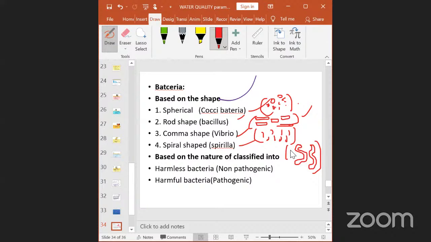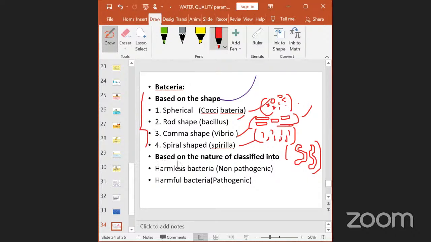The comma shape is also called vibrio. So rod shape is bacillus, and spherical is cocci bacteria. Based on the shapes, these are the 4 types.